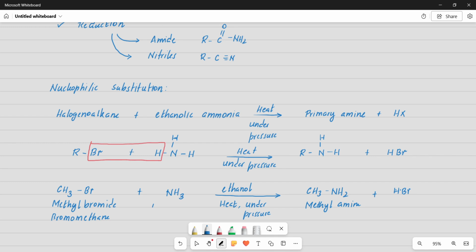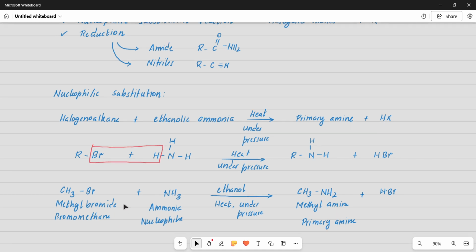Ammonia is a nucleophile, so this reaction is nucleophilic substitution reaction, and the amine formed is a primary amine.